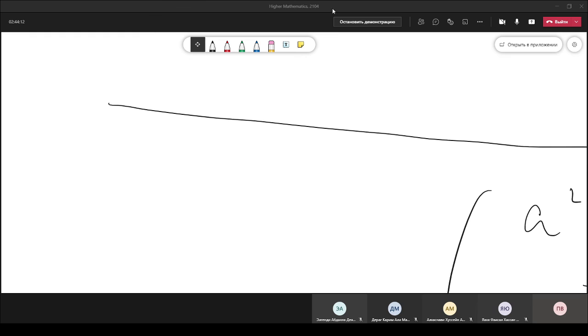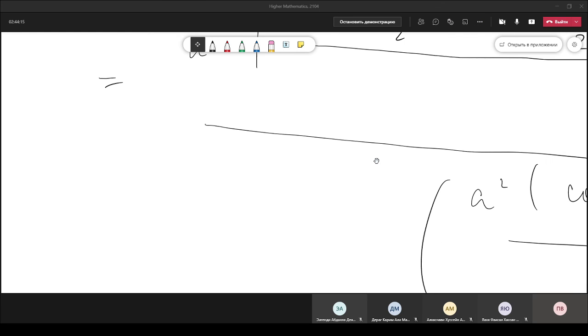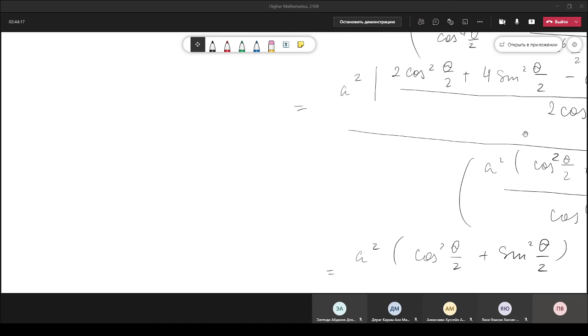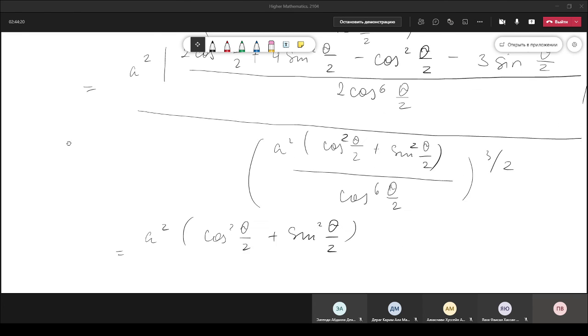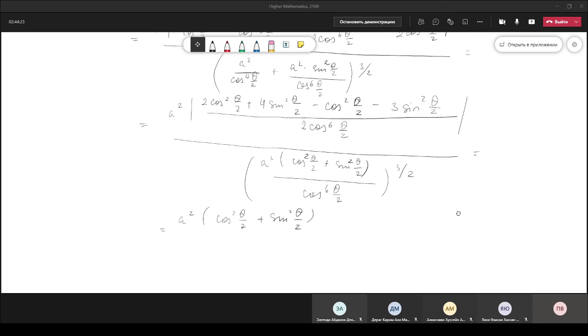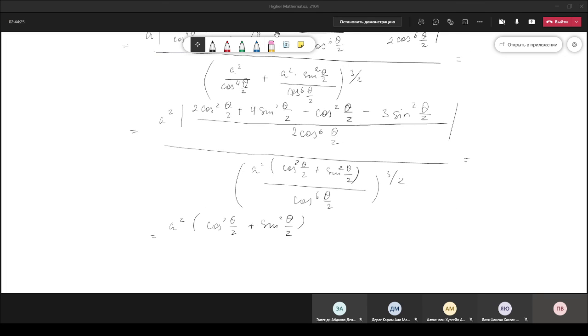What is it? Write down it. Modulus. Yes.